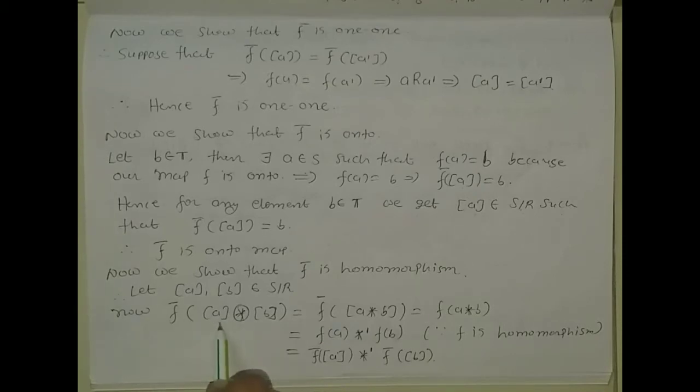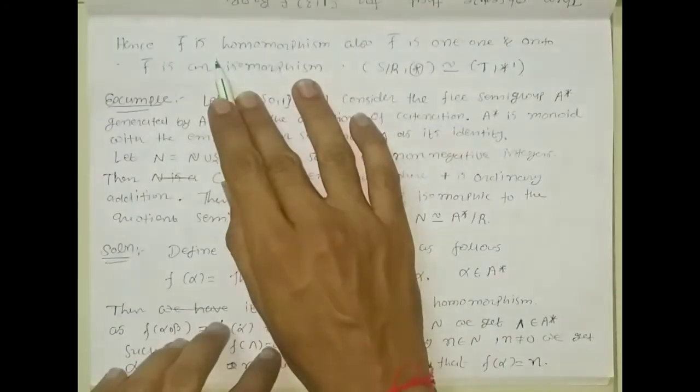So F bar of equivalence class of A ring star equivalence class of B is equal to F bar of, now ring star is defined as equivalence class of A star B. So F bar of equivalence class of A star B is equal to F of A star B. Now F is a homomorphism, so F of A star B is equal to F of A star dash F of B, this is the binary operation for T. F of A can be written as F bar of equivalence class of A, star dash, F bar of equivalence class of B. So from this we can say that F bar is a homomorphism.